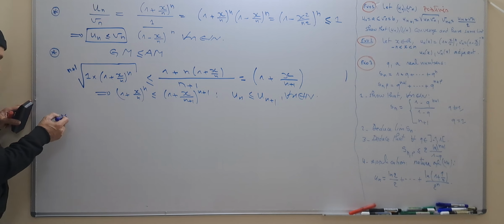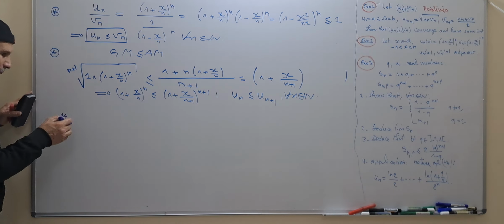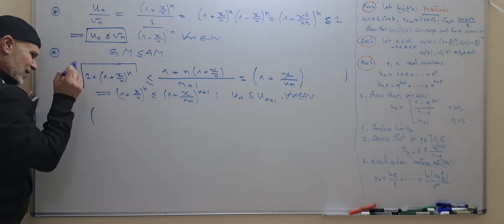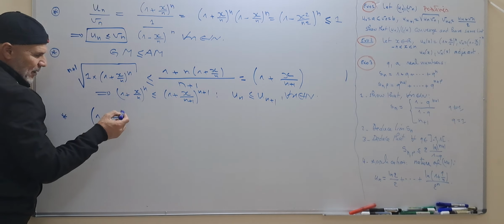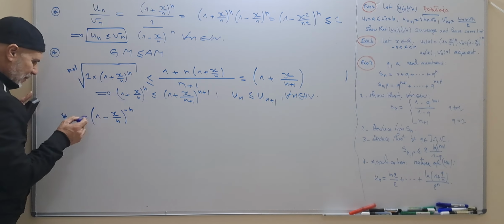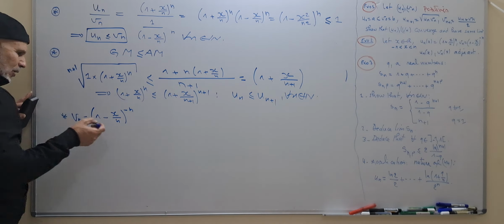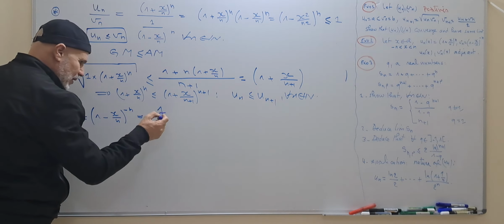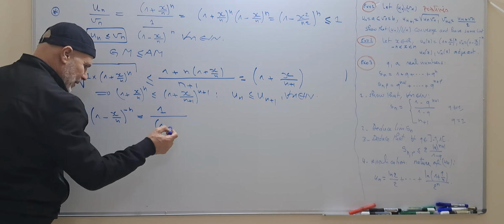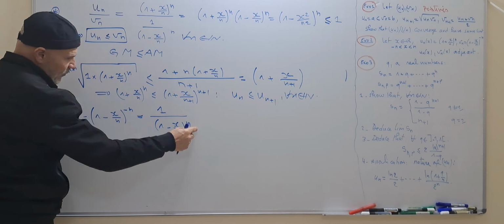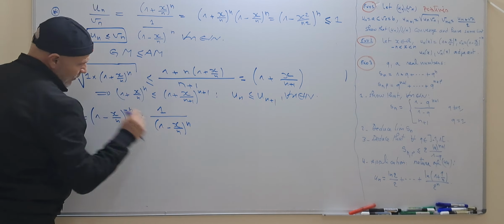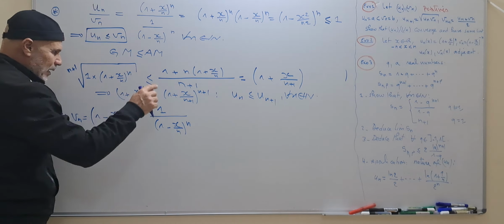How about Vn? We will apply the same formula for (1 - x)^(-n), the same formula, for 1 divided by (1 - x)^n.